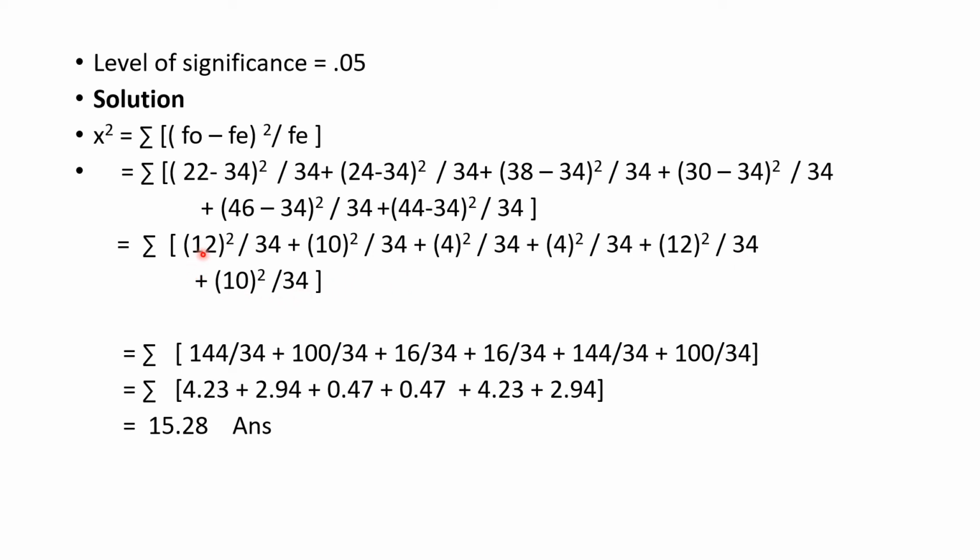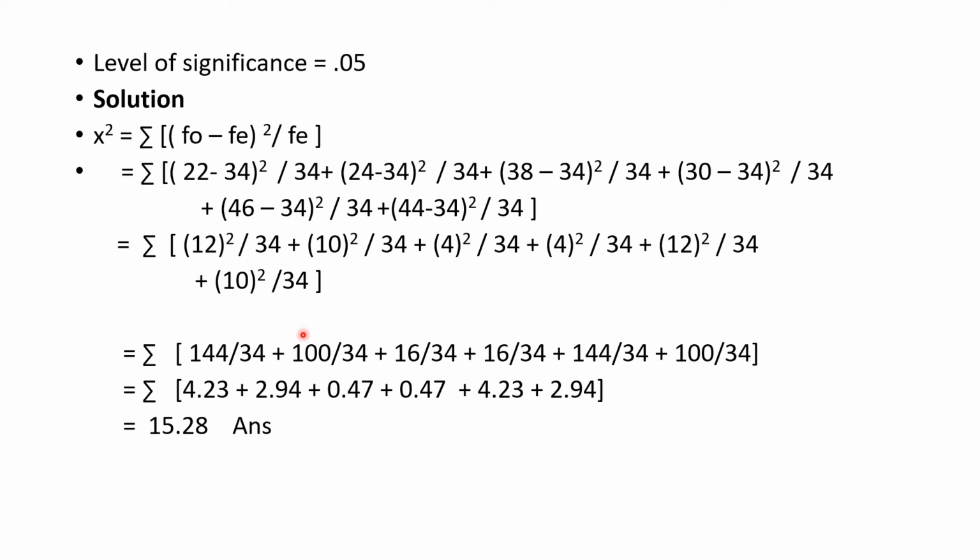Now whole square means, whenever any value is in whole square, you have to multiply it twice. 12 multiplied by 12 is equal to 144 divided by 34. 10 multiplied by 10 is equal to 100. 4 multiplied by 4 is equal to 16. Again 4 multiplied by 4 is equal to 16, and similarly we get all these values.